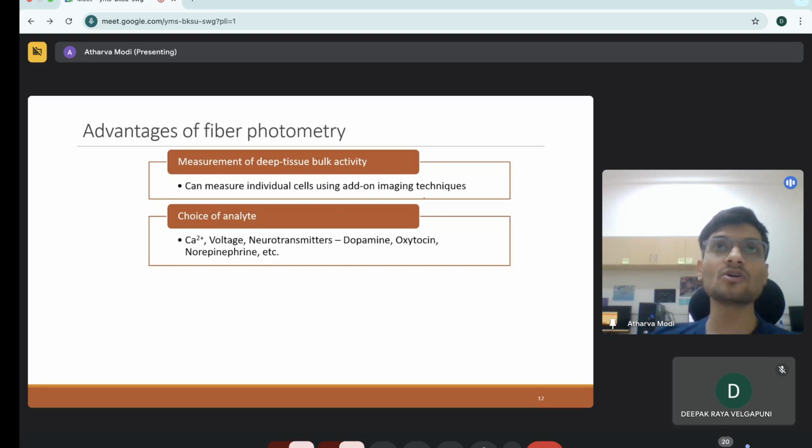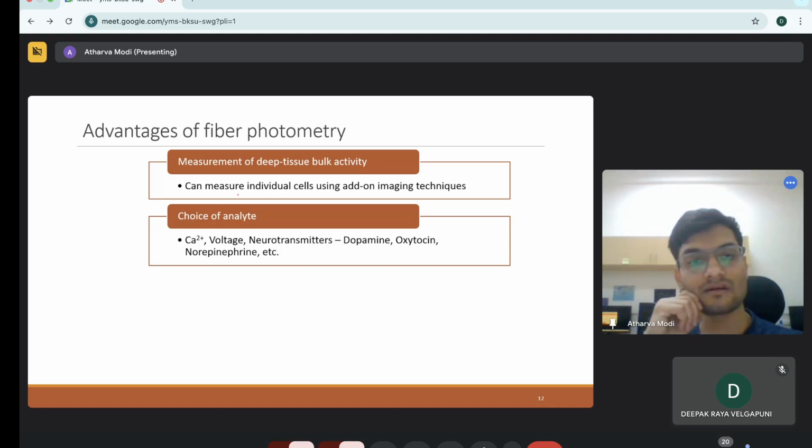So if you put a camera on top instead of a photomultiplier tube, the camera can measure pixel-wise. You can use advanced optics to resolve the signal in pixels, and you get cell-wise signal. Basically, you can find cells out of it.